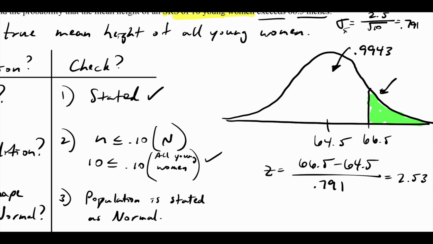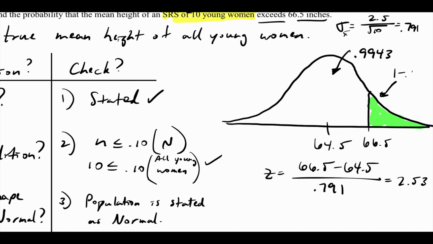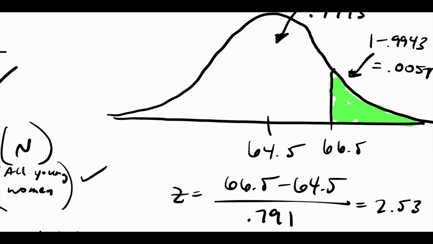It does not refer to the shaded side. So 1 minus that, we get 0.0057. That's like half of 1%.